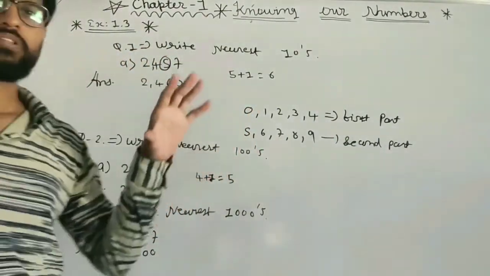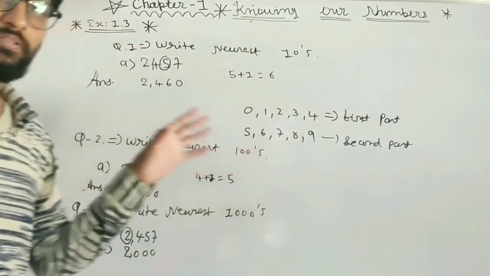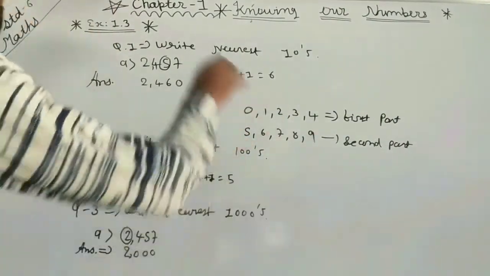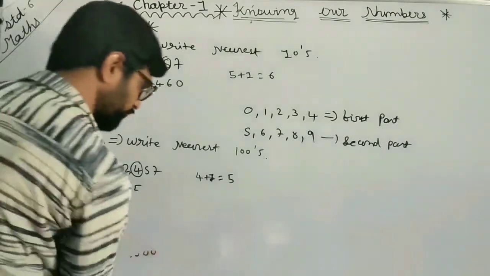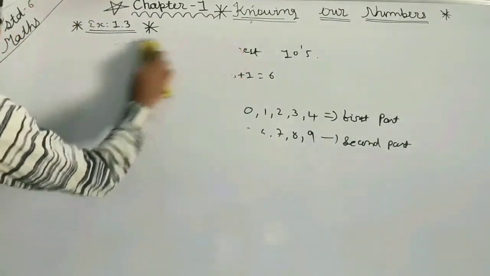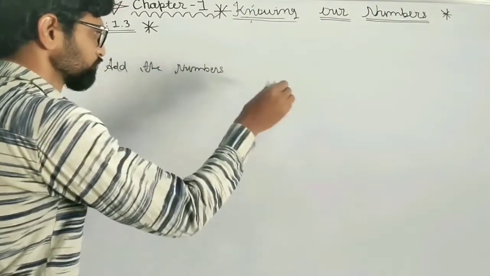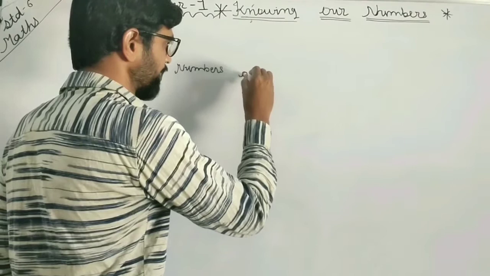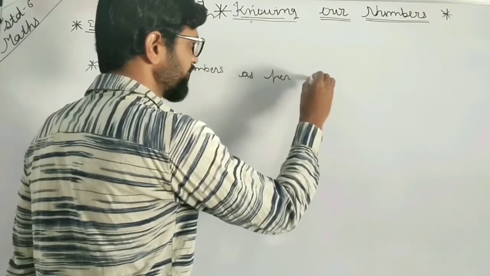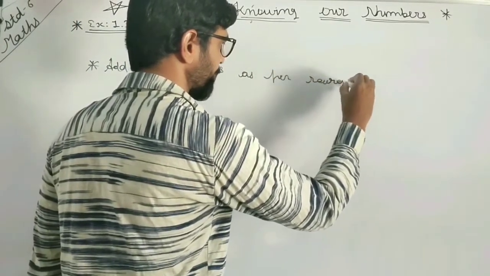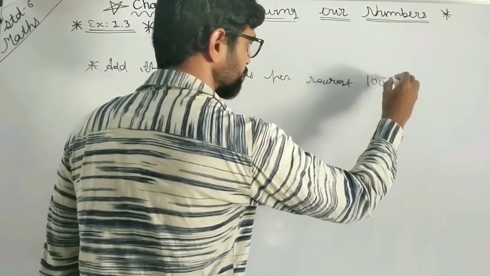Now you can do some sums like this kind of question. I am explaining one more question to you. Suppose add the numbers as per nearest hundreds.